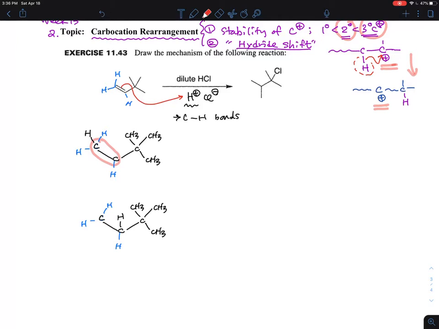I'm talking about forming the bond here, and it has been discussed before. As a consequence, you develop cations here and there. This is what we call the secondary cation, and that's a primary cation. Which one is more stable? This one. Therefore, the other is not being considered.